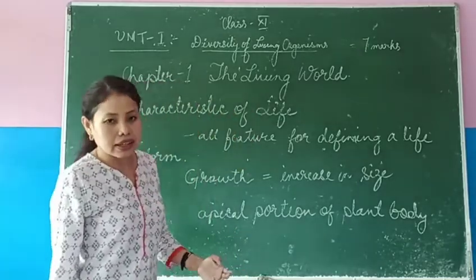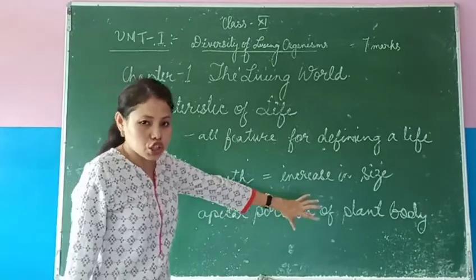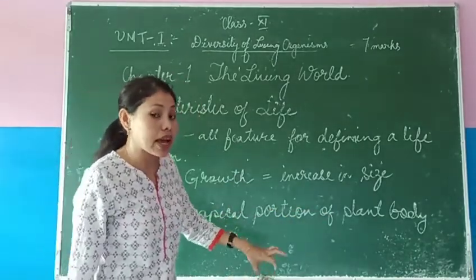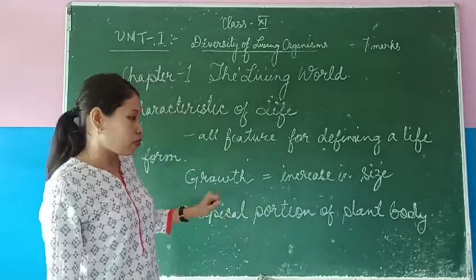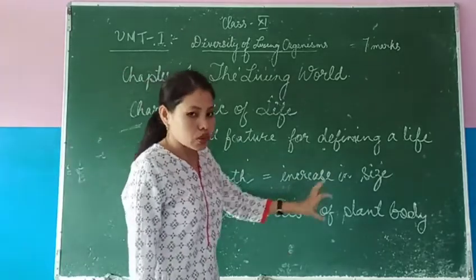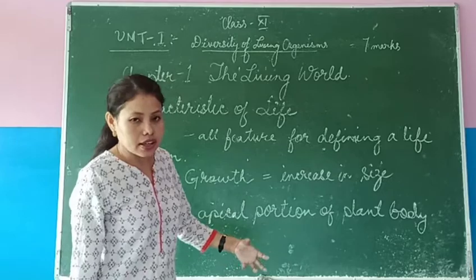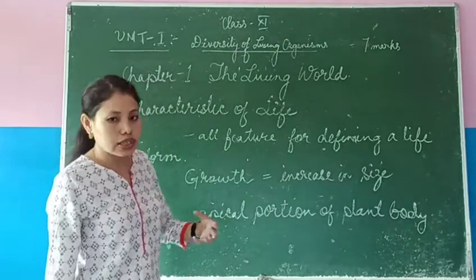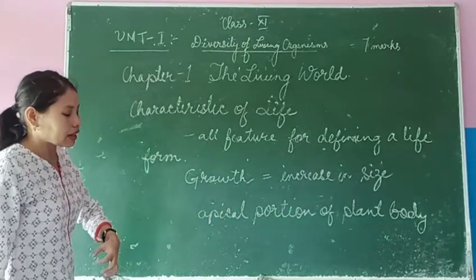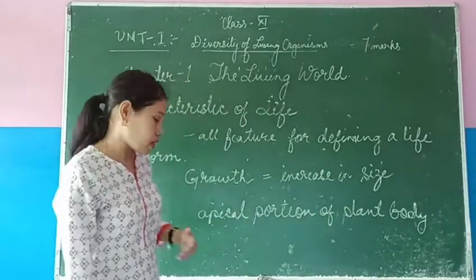If you remember clearly from standard 9, you learned about meristematic tissues present in the root tip and also at the apex, or the shoot tip, of a plant. So the apical portion of the plant body shows continuous growth. The cells keep on dividing continuously, and they are termed meristem. I will not go into the detail of what meristem is.